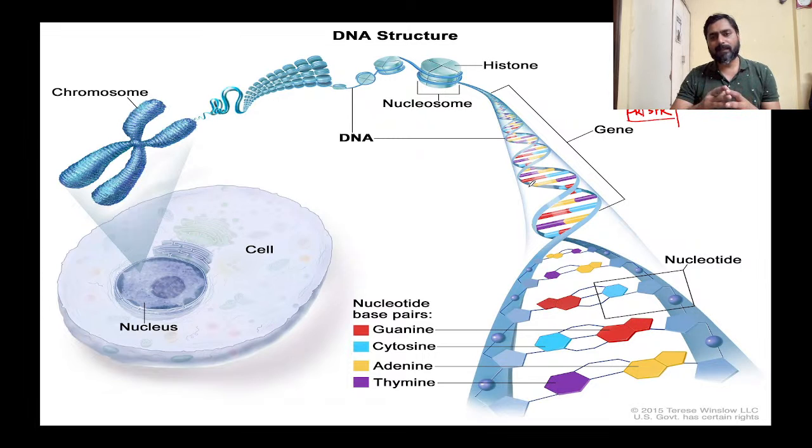So in this slide that you can see, if you look at the nucleus, so this is the cell, and inside there is this nucleus. So if you open that nucleus up and if you look closer inside, then you will see that there are chromosomes inside.